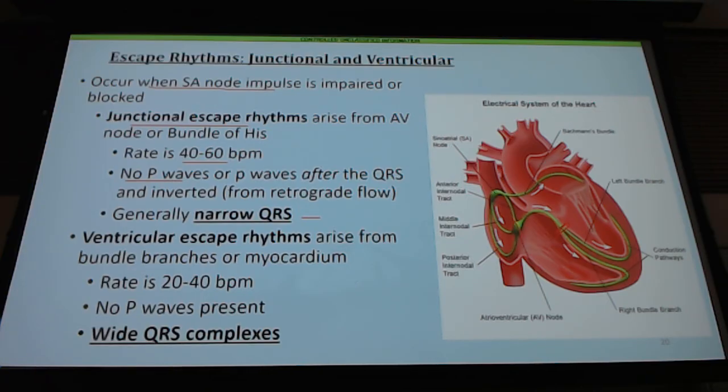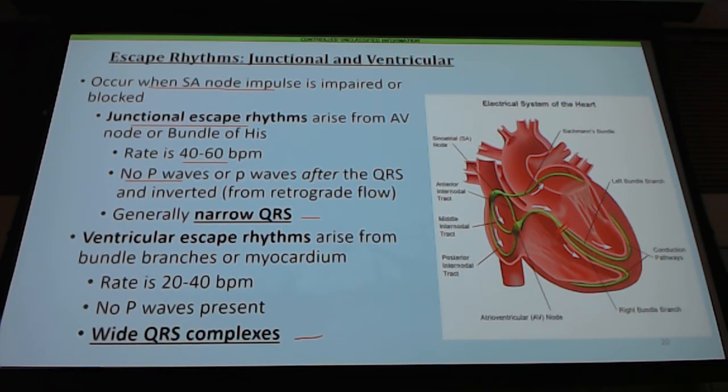But let's say now that this rhythm is being generated from after the branch of the right and left bundle, even down to the Purkinje system. This is a ventricular escape rhythm, because now you're not using those right and left bundle branches properly.